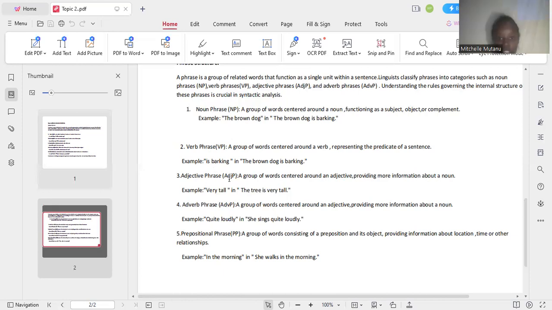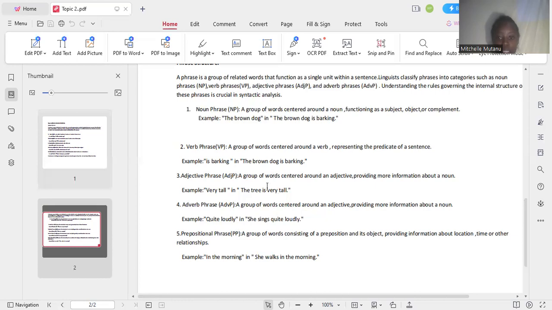Adjective phrase. An adjective phrase is a group of words centered around an adjective, providing more information about a noun. Example, very tall, in the tree is very tall. So very tall is the adjective phrase of the sentence.